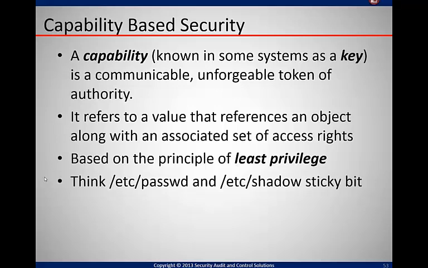The example I can give you here, if you have Unix experience or Linux experience, when you log on to the Linux operating system, your user ID is located in the password file, which is in the etc directory. There's another file that you as a user cannot access, and that's called the shadow file. This contains the encrypted password. Now think about this.